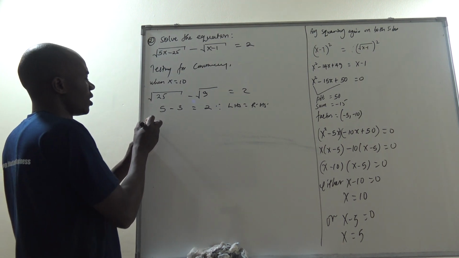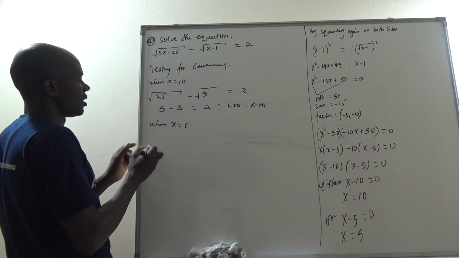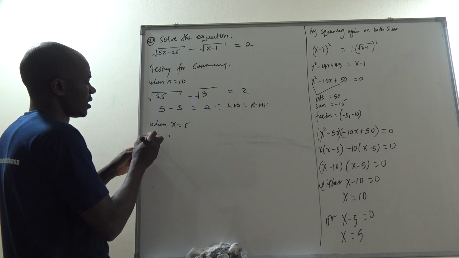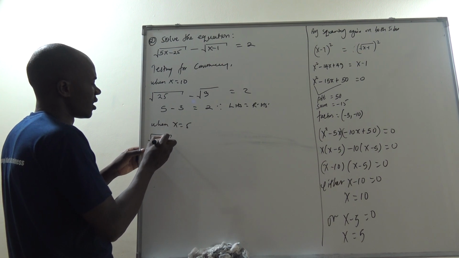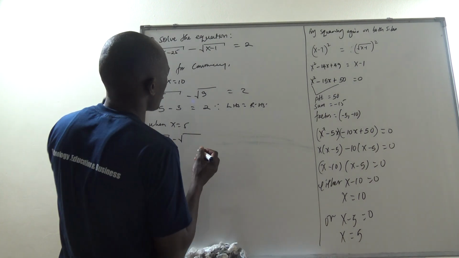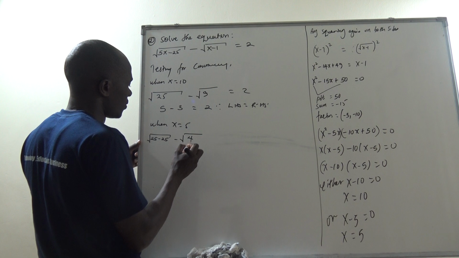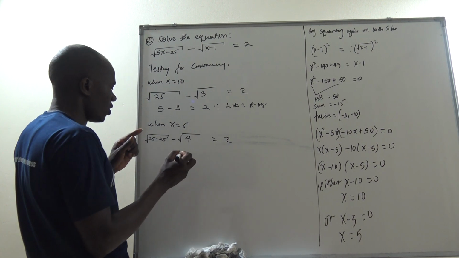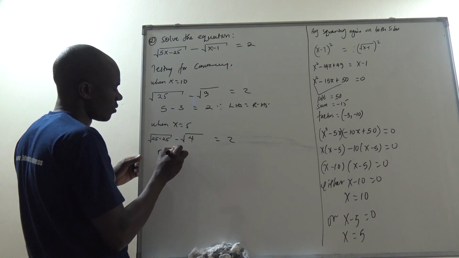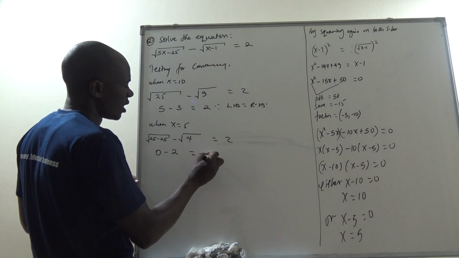This implies that left hand side equals right hand side, which means the value of x is correct. We also say when x equals 5, substituting, we get the root of 5 times 5, that is 25, minus 25, minus the root of 5 minus 1, we get 4. We should get 2. 25 minus 25, we get 0, minus the square root of 4, that is 2. 0 minus 2, you come out with negative 2.